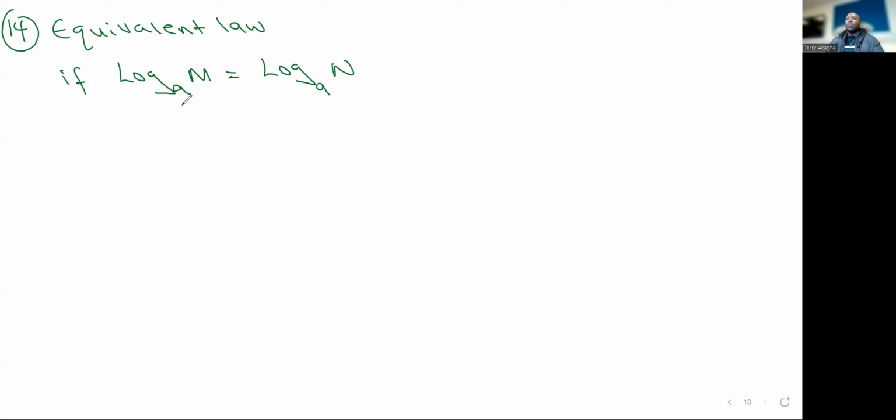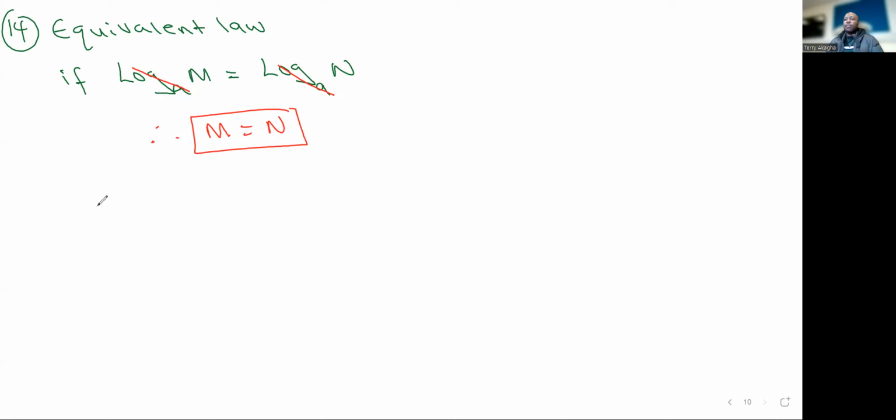So what we are trying to say is that if you have this, these two can cancel out. So therefore, m is going to be equal to what? n. Okay?